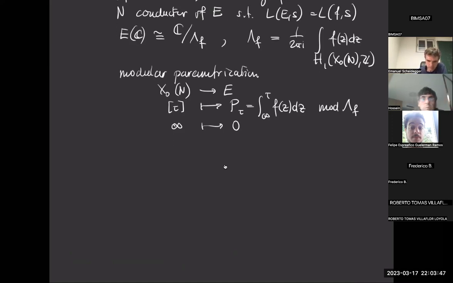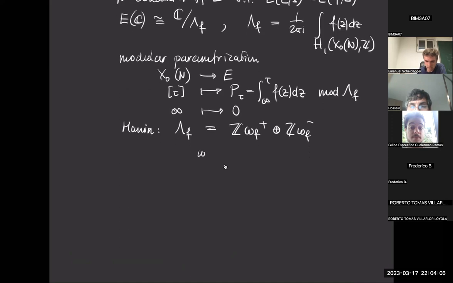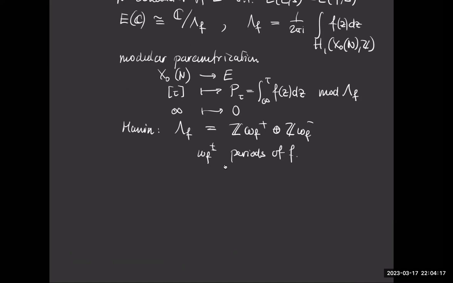And a theorem of Manin says that lambda f actually can be written as two periods obtained by f, where omega f plus minus are the so-called periods of the modular form f. So that's one result I'm interested in.